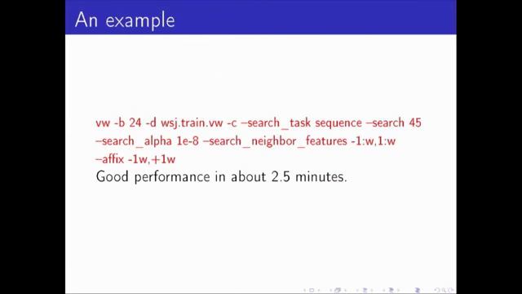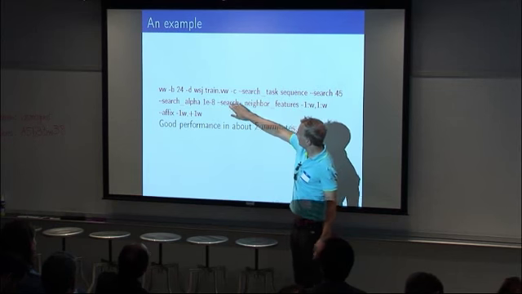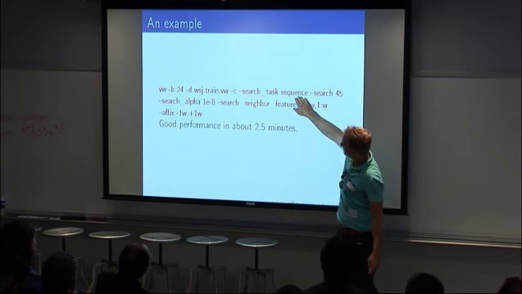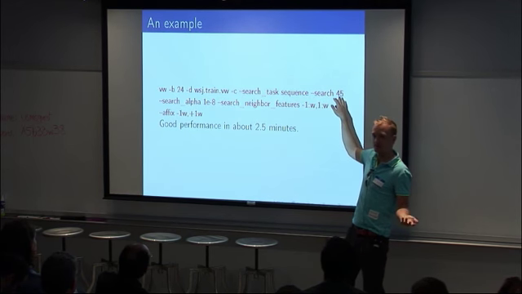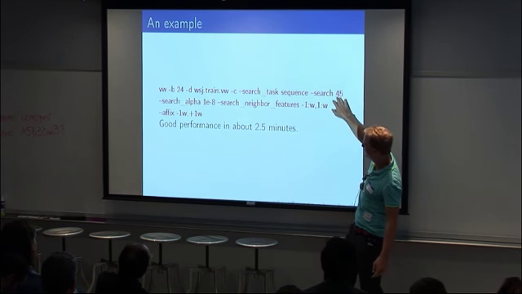Okay, so here's an example. I wasn't actually planning on running this, but basically it sort of follows the same framework that John had. So you give it some data. You say, I have some search task. In this case, it's sequence labeling. There are 45 labels in the Penn Treebank part of speech tagging data set.